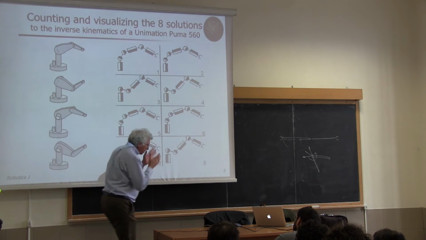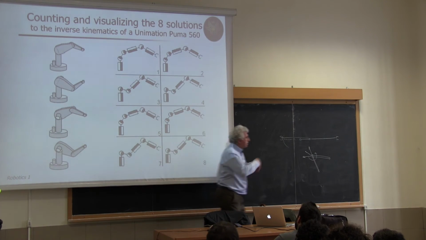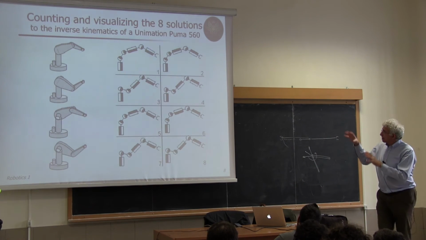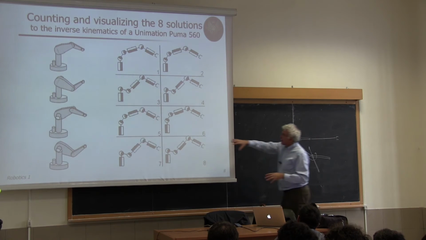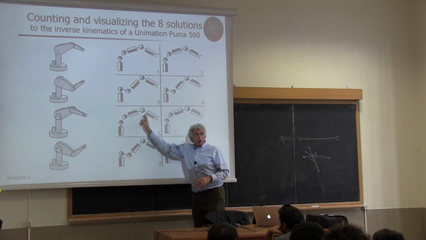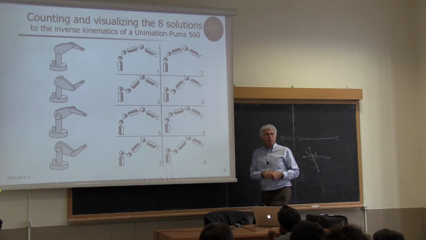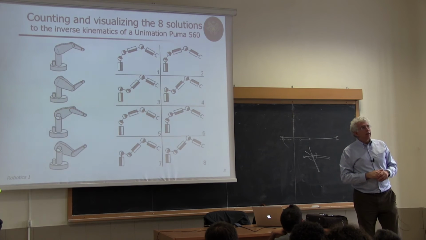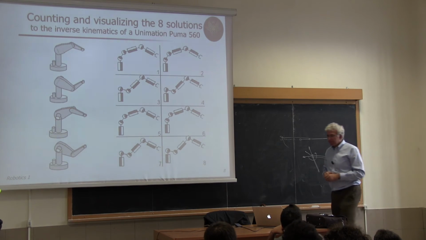I mean, there should be numbers there, but it's just a schematic representation to understand why these are different. If you look at them, they look almost the same, but then you should realize that the joint variables of the spherical wrist assume complementary angles. Okay?